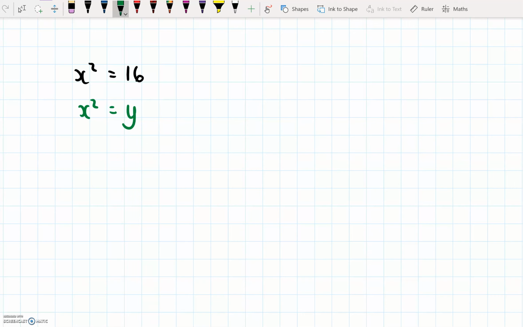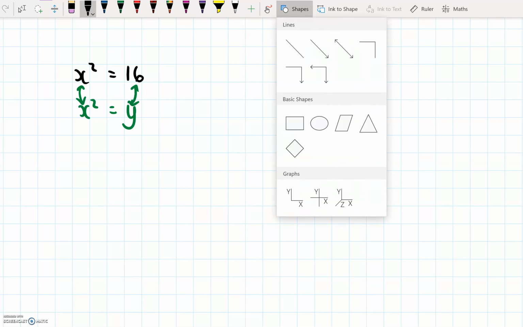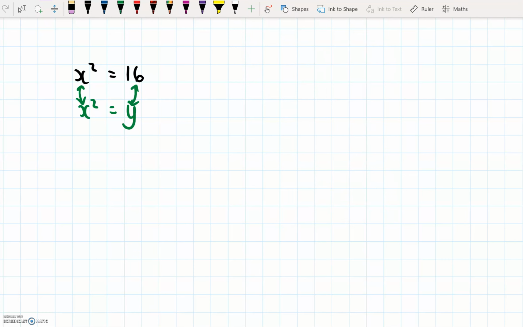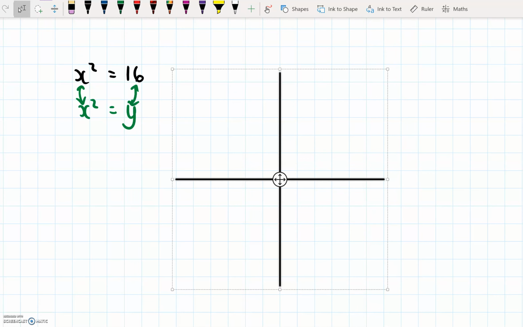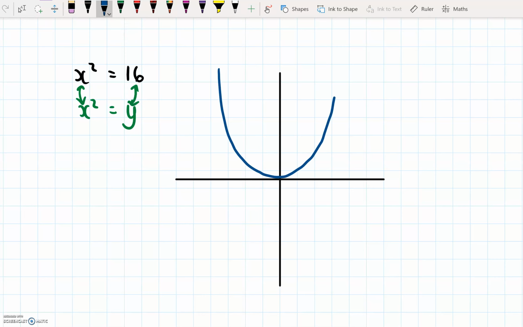In this case, our graph is x squared, and our y is 16. So we can actually graph this. If we make a set of axes like this, we have y equals x squared, and we know that it looks like this. This is y equals x squared.